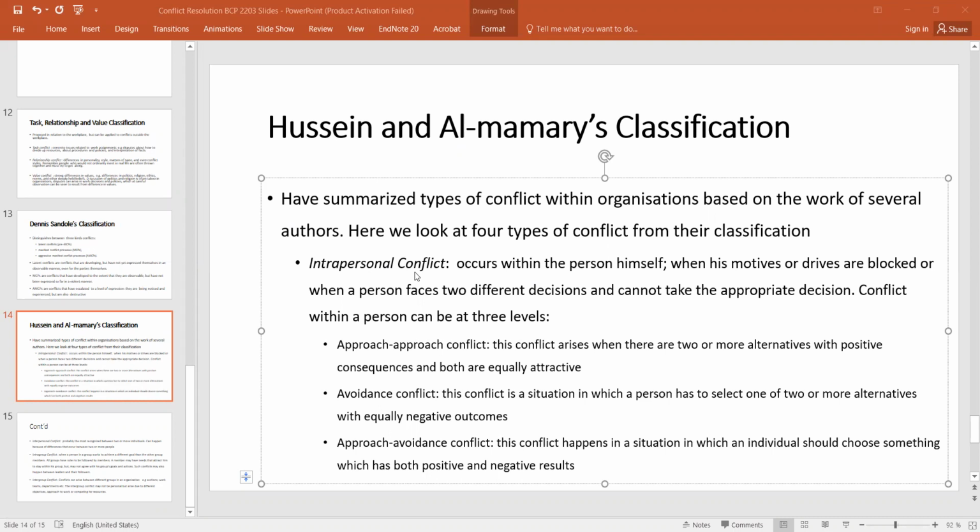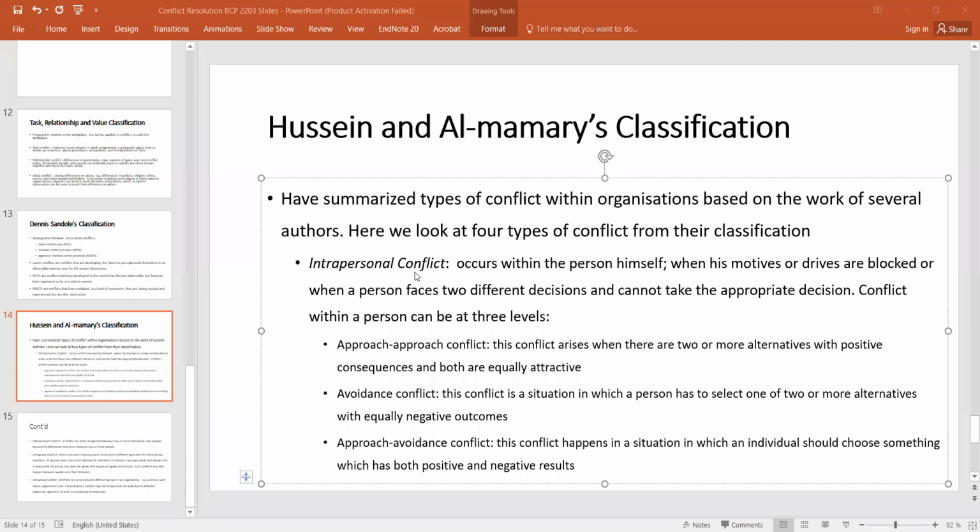They first talk about intra-personal conflict. Whenever you see the word intra, we are talking about within. Intra means within. Personal is, of course, one person in this situation. So within an individual, you might have a conflict because your goals or motives or your wishes are being blocked.